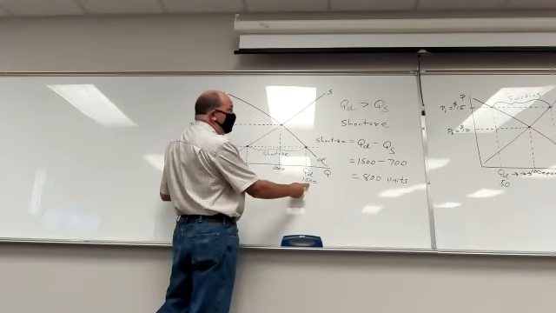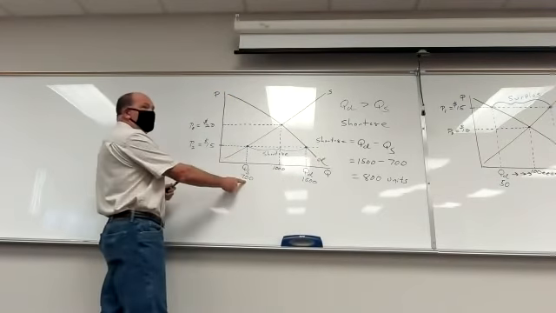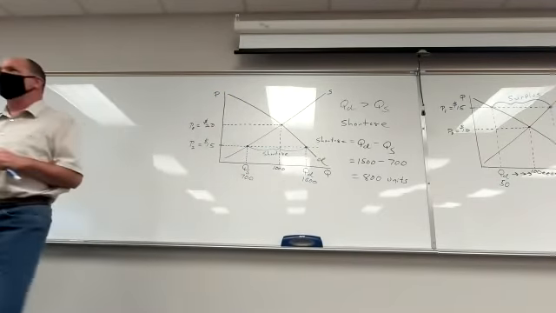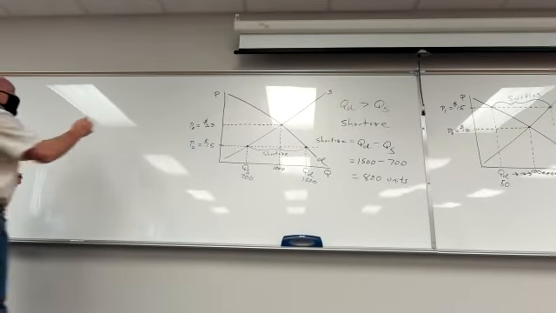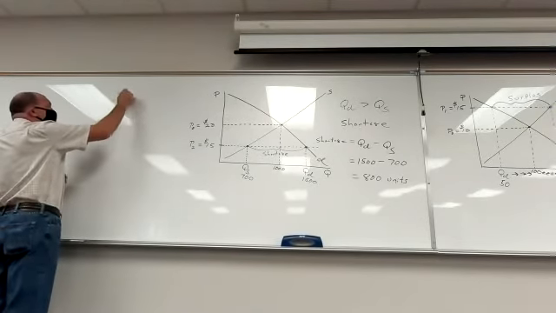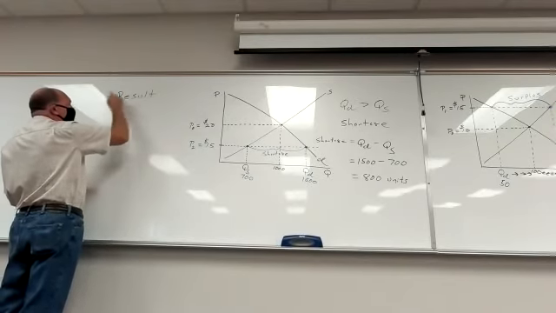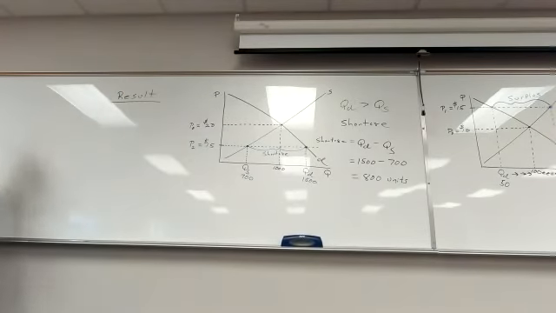How much are we actually buying? 700 units, what the seller is actually selling us. So in all reality, there's a reason for both the demander and the supplier to be unhappy with the price of $15. So the market then is going to try to go in and correct itself.